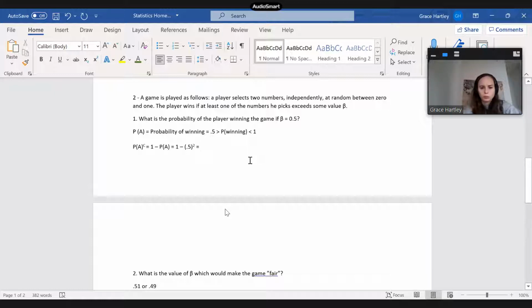So maybe you write it as the probability of A equals 1 minus the probability of A complement. So it's then 1 minus.